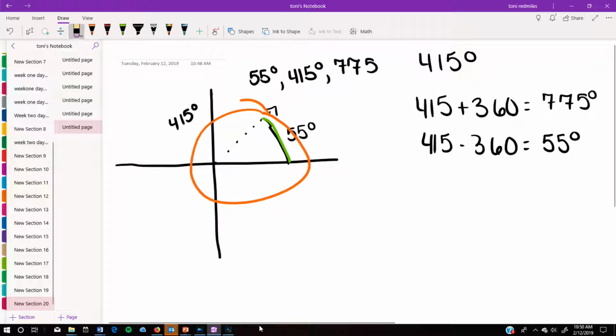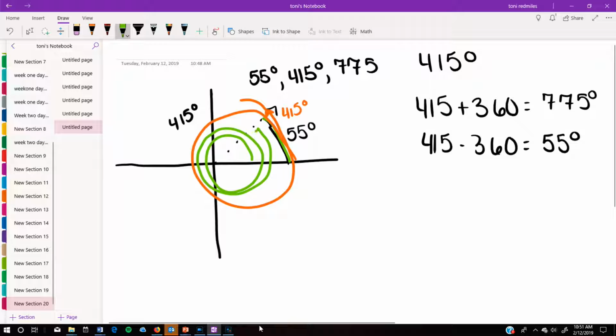I drew that wrong. I need to start at initial. That's 415 right there. And then I'm going to do the other one on the inside. If I start here and I go around twice, it's going to be 775. Okay, so they all have the same terminal, same initial. They're just adding 360 to each one. But if I minus 360, I could get that first one.